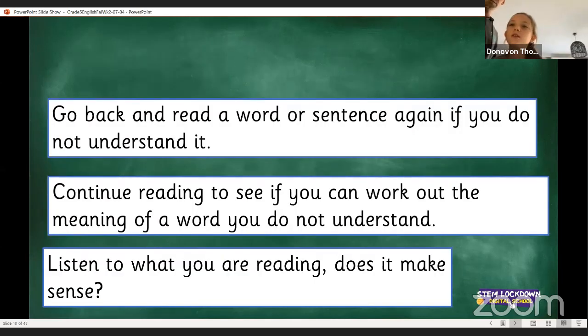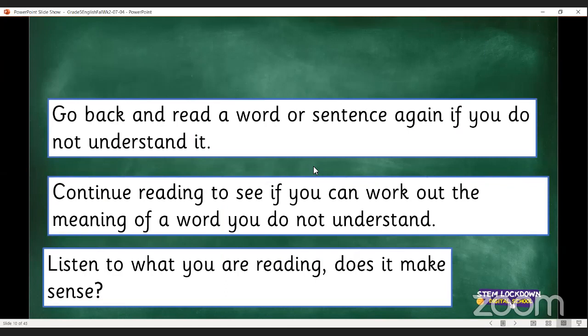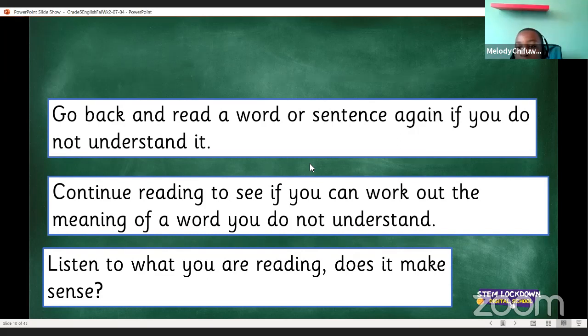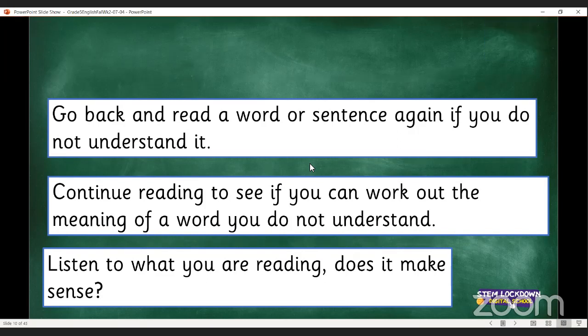Okay, here's a few more examples. When you get stuck and you're reading something, sometimes you just need to go back and read the word again to understand it. Okay? Because maybe you do know the word, but you just need to go back and read it again.